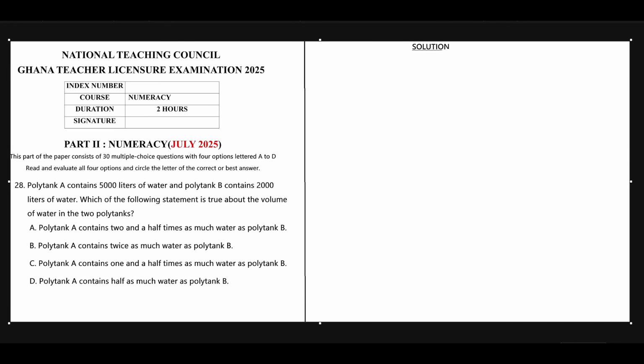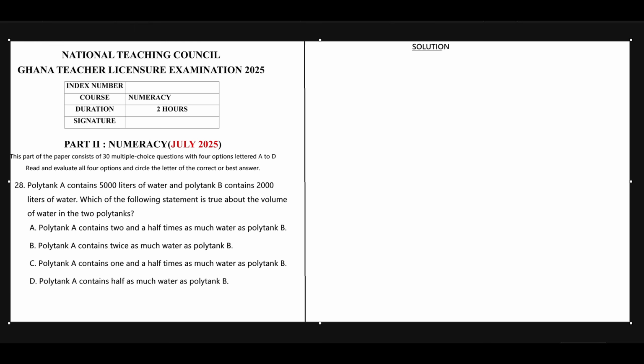Okay, question 28. Polytank A contains 5,000 liters of water and polytank B contains 2,000 liters of water. Which of the following statements is true about the volume of water in the two polytanks?